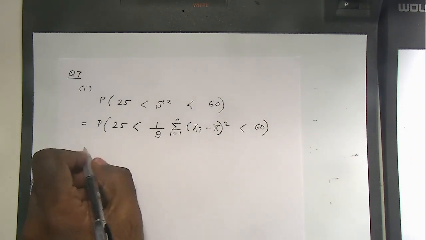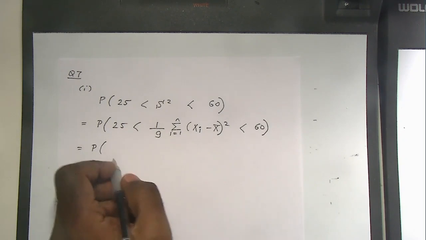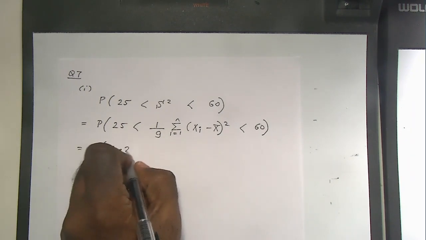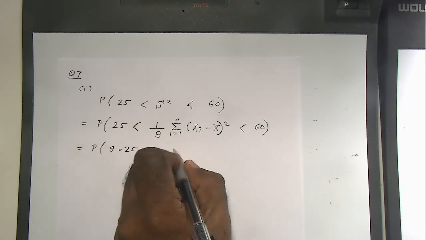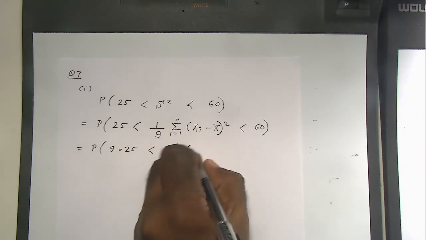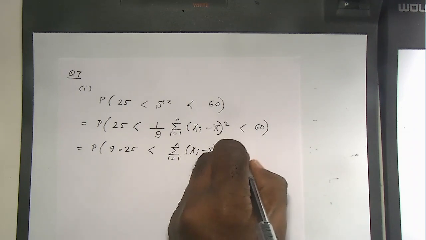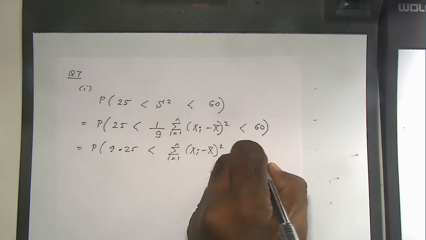Now the next thing I'm going to do is multiply everything by 9, so you get 9 multiplied by 25 less than 9 times the sample variance, less than 9 multiplied by 60.